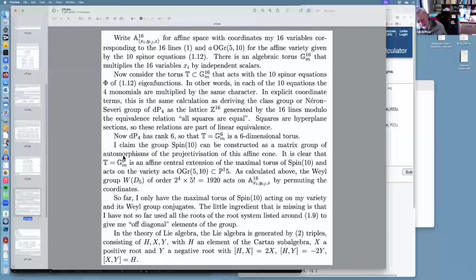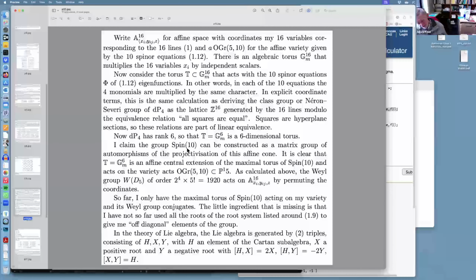So the thing that is acting on the projective space is the torus G6 divided by the diagonal torus G5. So that is the maximal torus of the root system D5.